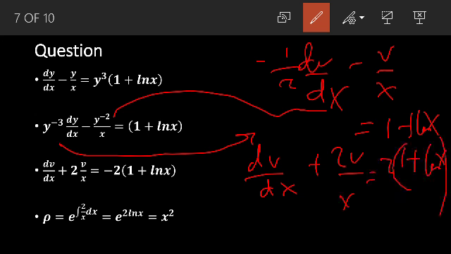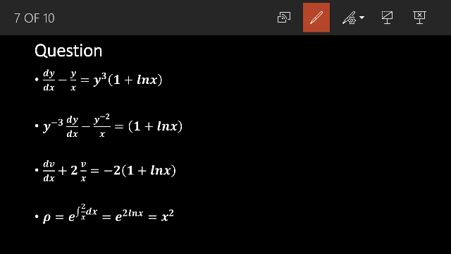You see that? So that's exactly what we did. This should be minus 2. You're multiplying through by a negative 2. So we got this particular value, which is a first order linear equation, which we solve by first of all finding the integrating factor, which is exponential of the integral of p dx. Remember that p is a function of x that is attached to v, and that function of x is 2 over x.